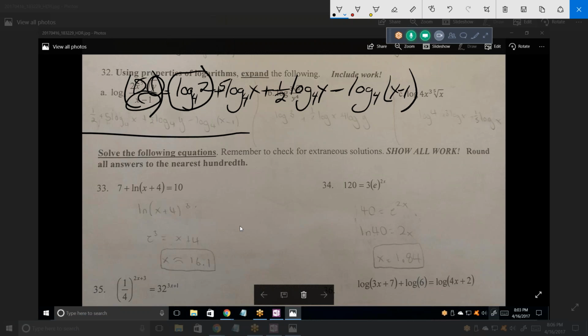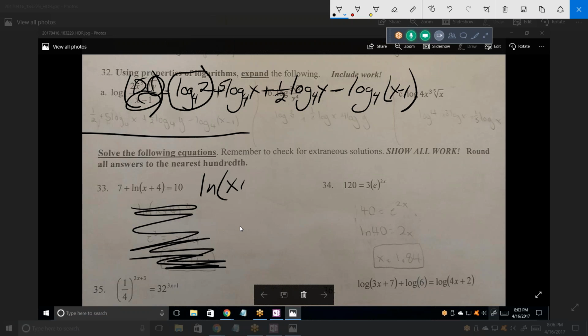What's the first thing I'm going to do here? In other words, let's do away with that. We don't want to be seeing that. Seriously, it's hurting you, not helping you. So what I'm going to do is subtract 7 from both sides. Okay, now what?